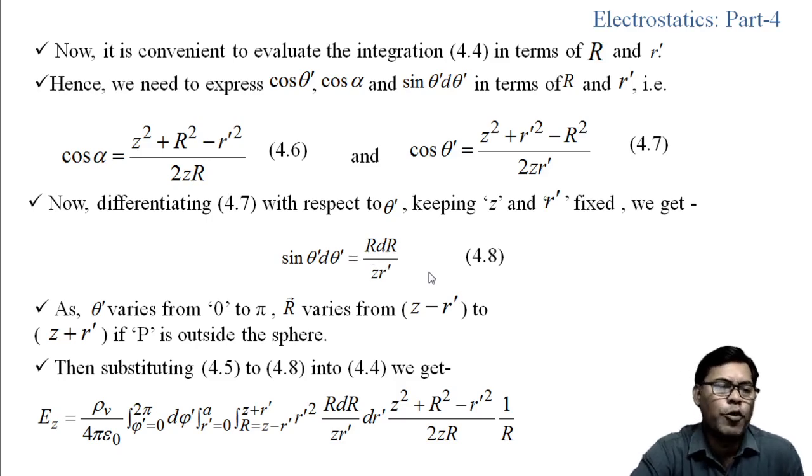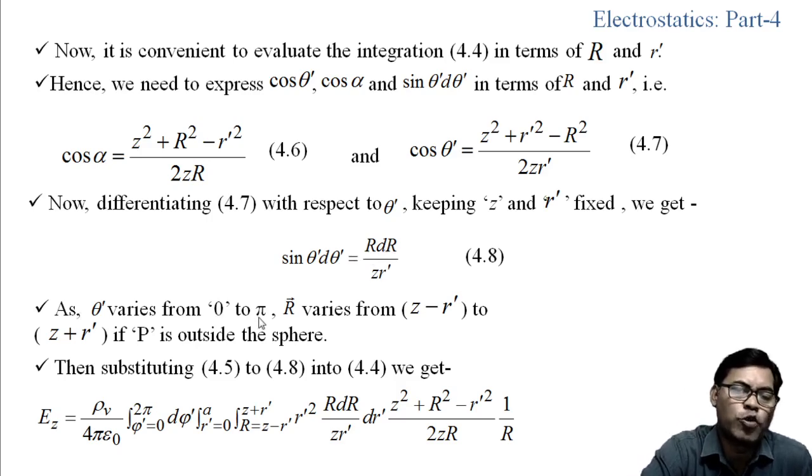Now theta varies from 0 to pi, as we have seen in the spherical coordinate system, and the vector R varies from z minus r prime to z plus r prime if the point P is outside the sphere.